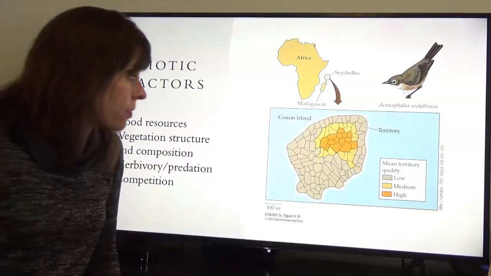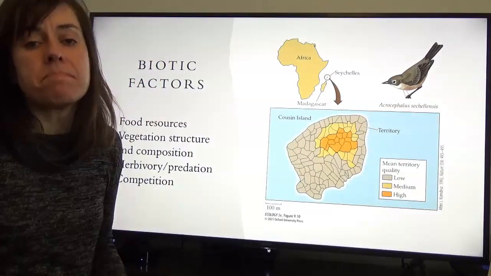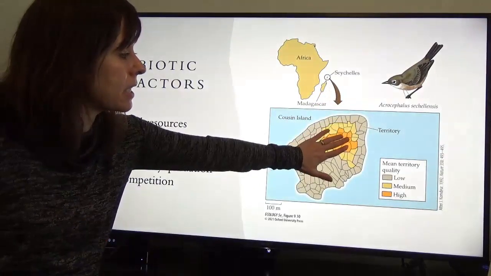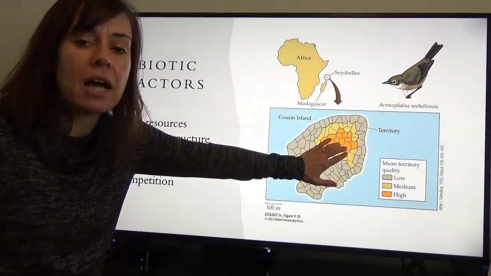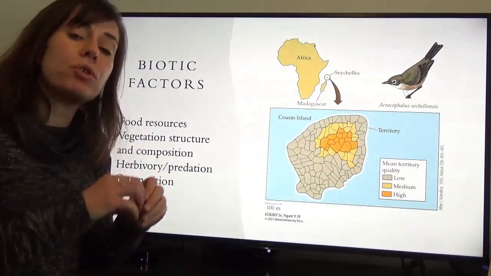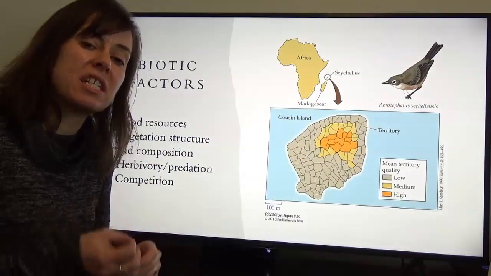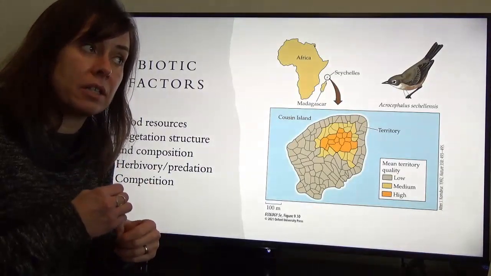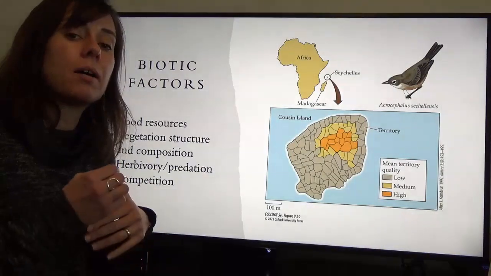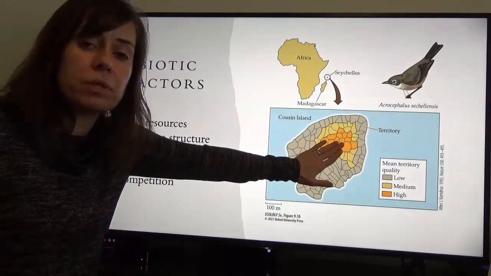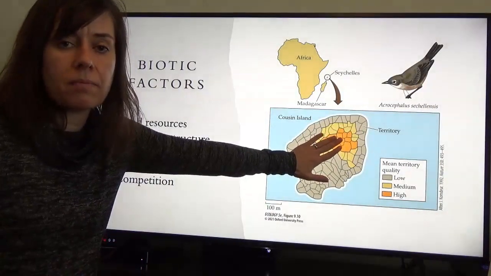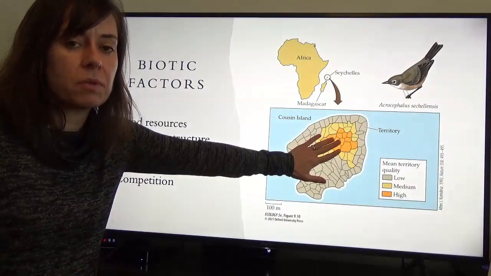Now, this drives differences in abundance of the Seychelles warbler in this habitat, because in the areas where you have high territory quality, juveniles from previous years will actually stick around and help care for the young of year, because there's sufficient food resources to support those recently fledged individuals.